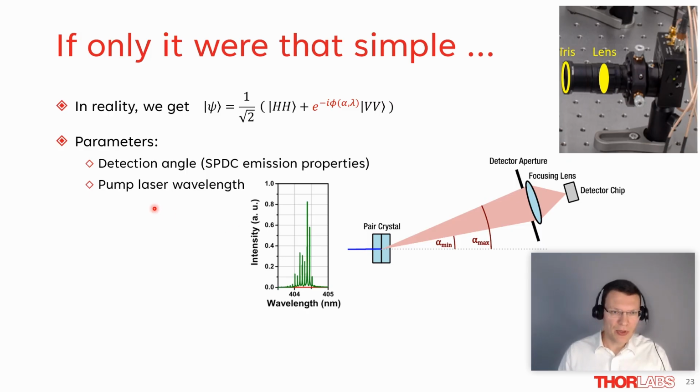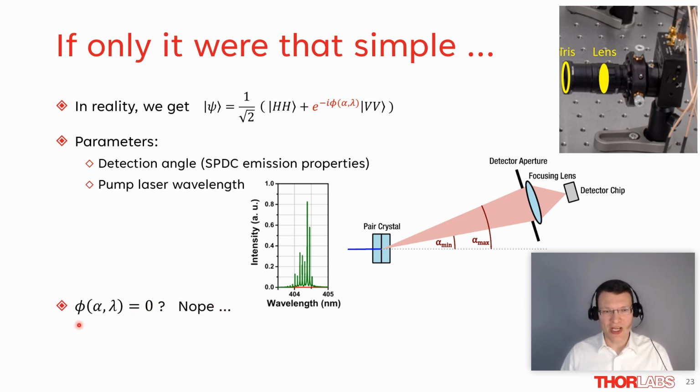Secondly, my pump laser does not have just a single frequency, simply because single frequency lasers are expensive, and in an educational experiment, we just use a simple Fabry-Perot diode. Now, there are ways to conquer the effects of those two.